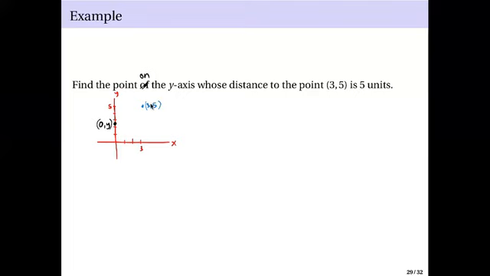So we want to find the distance between (3, 5) and this point here. Actually, we will show that there are 2 points possible. One point is somewhere here. The other point is somewhere here. But what we're sure of is if we find the distance from (3, 5) to the point (0, y), it should be equal to 5 units.